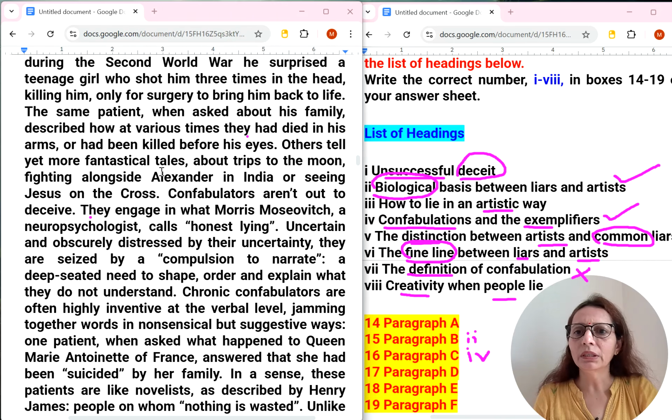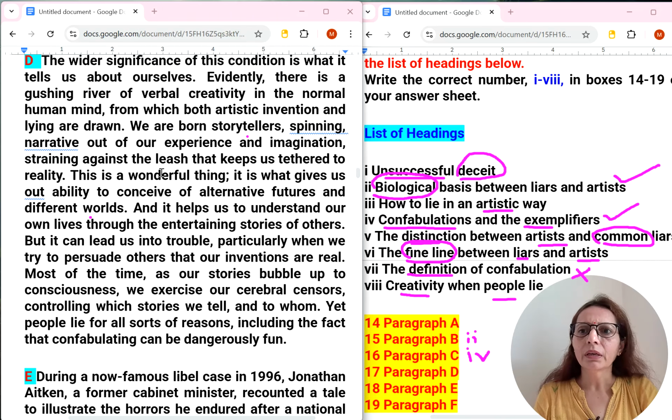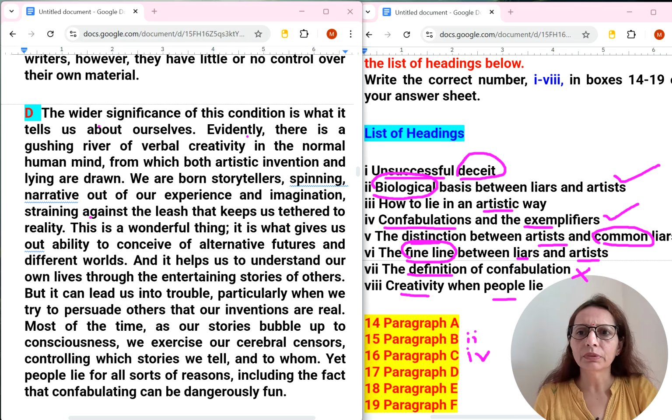Now coming to D number paragraph, as I told you. The vital significance of this condition is what it tells us about ourselves. Evidently, there is a gushing river of verbal creativity in the normal humankind, from which both artistic invention and lying are drawn. We are born storytellers, spinning narrative out of our experience and imagination, straining against the ledge that keeps us tethered to reality.